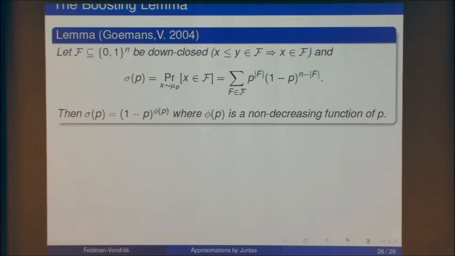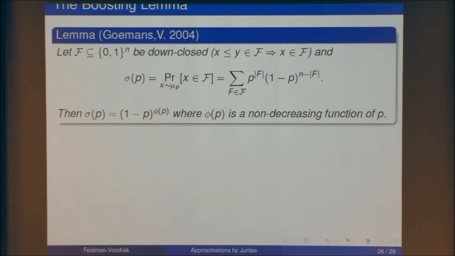Sometimes this should be related to Kruskal-Katona. Yes, that is a good point. We don't prove it using Kruskal-Katona. Initially we had a slightly weaker version. Is it closer to the Russo-Margulis lemma? No, I don't think so.